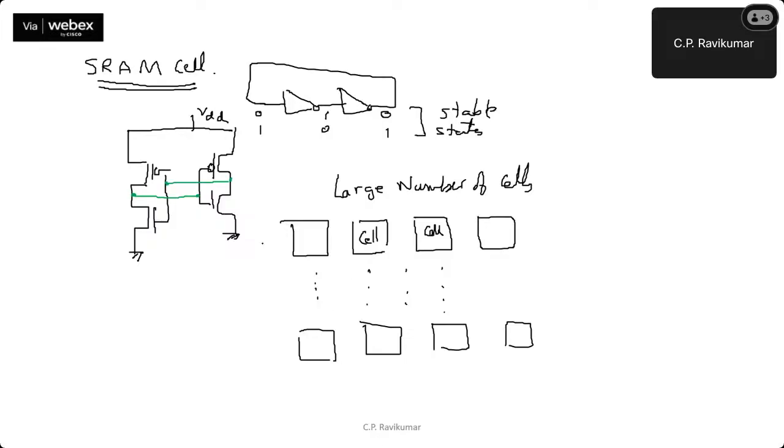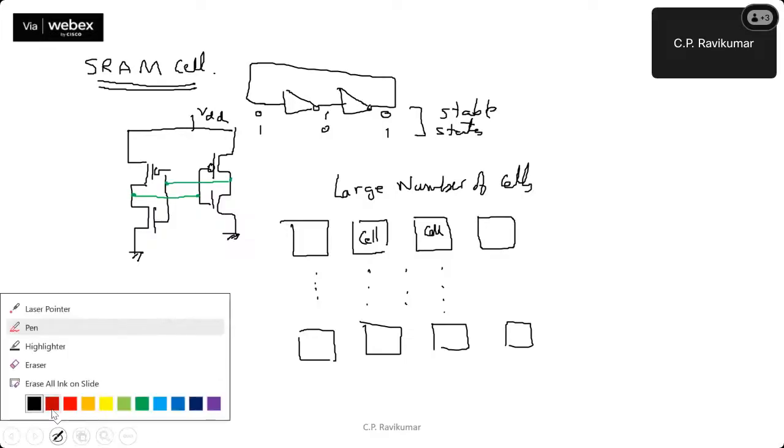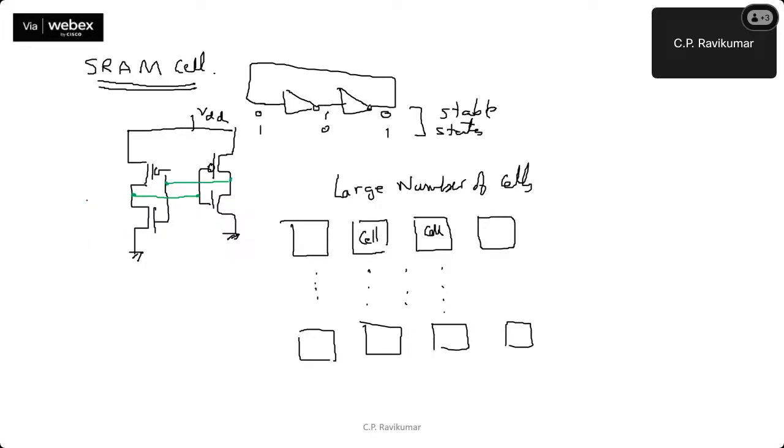And the cell, we will have these two guys. These transistors help us select the particular cell, right?